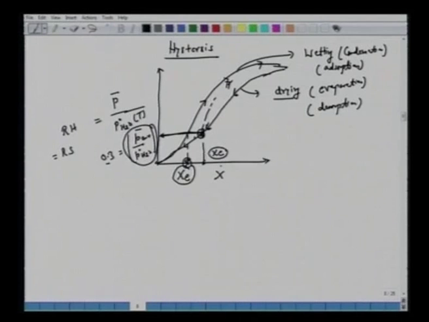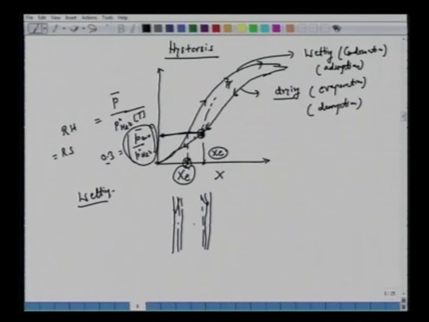From the mechanism point of view, why does it happen? If you recall some thermodynamics, you have these pores. When the pores are empty, so we are talking of wetting now, what happens? The films on the walls start getting filled up. So there is adsorption.